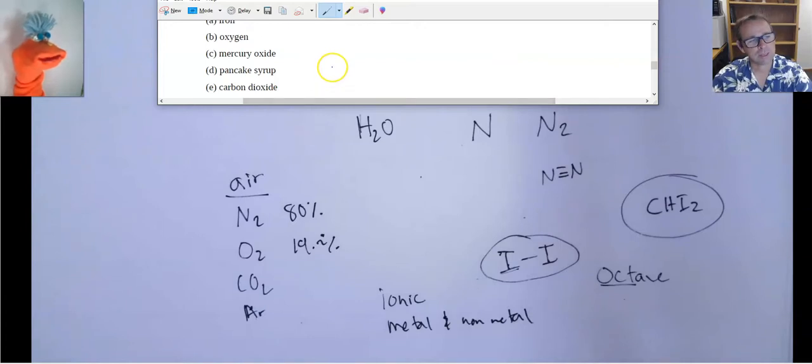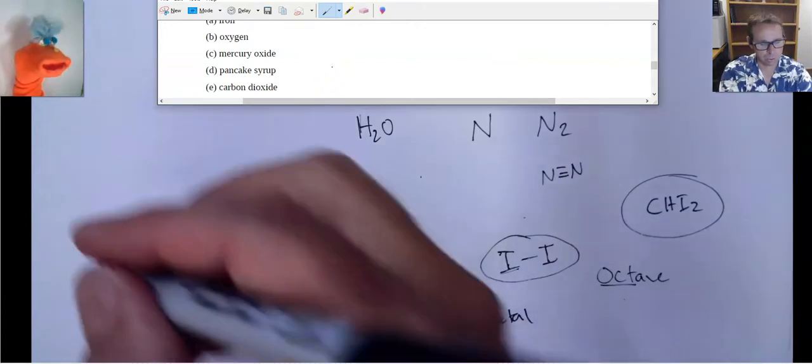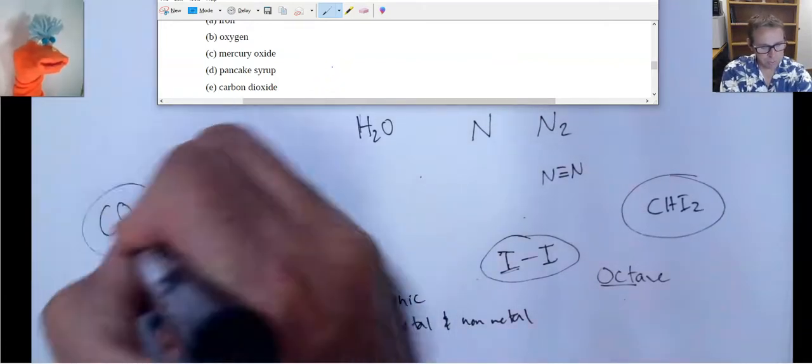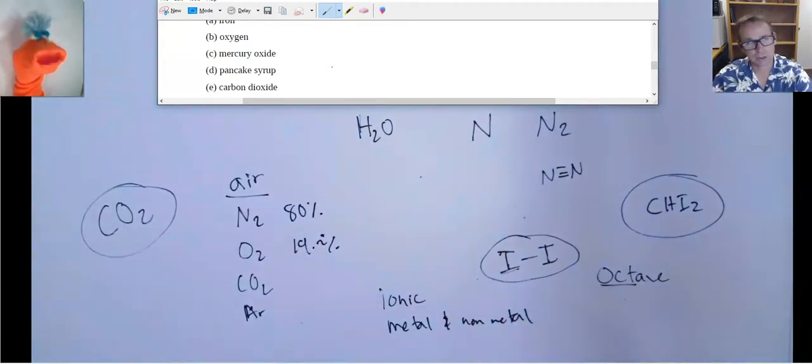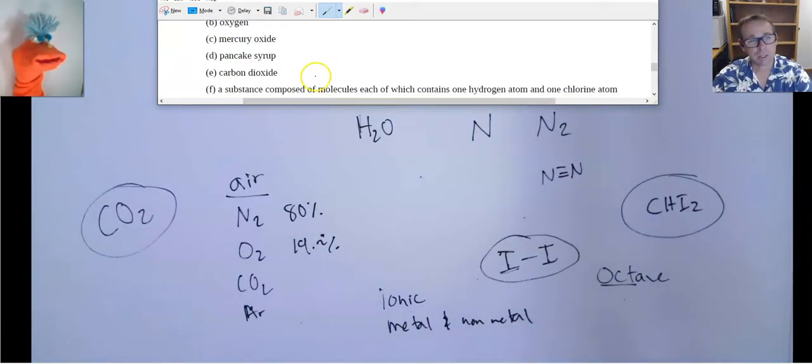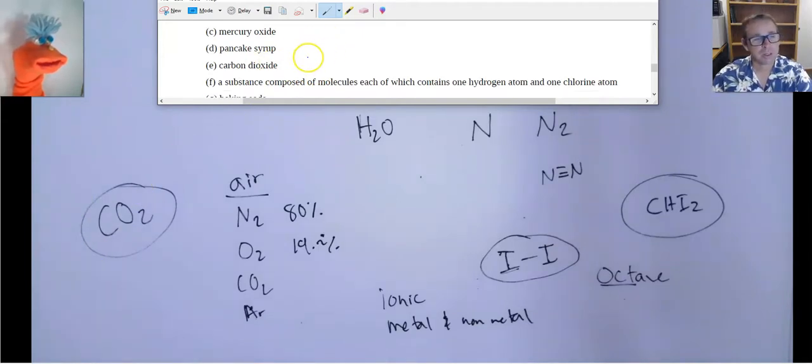How about carbon dioxide? CO2, right? Very good, CO2. And from that, we can tell that it's a what? It's a compound. Very good. And we can also tell that it's a pure substance, right? Good. Okay, so here's a substance composed of molecules, each which contains 1 hydrogen atom and 1 chlorine atom. Well, this is not an element then. Very good.